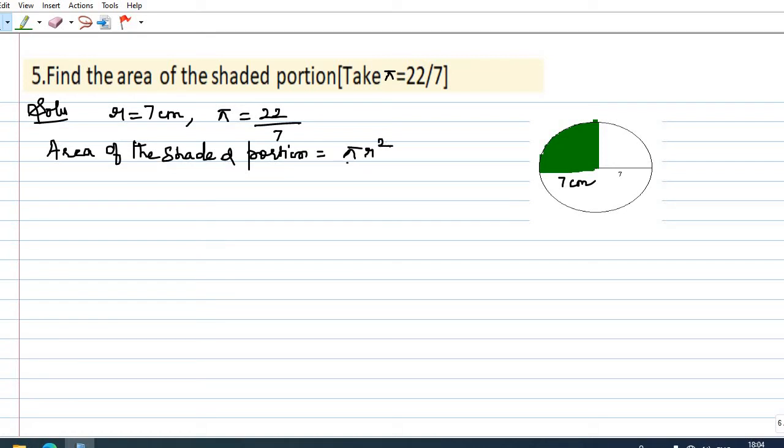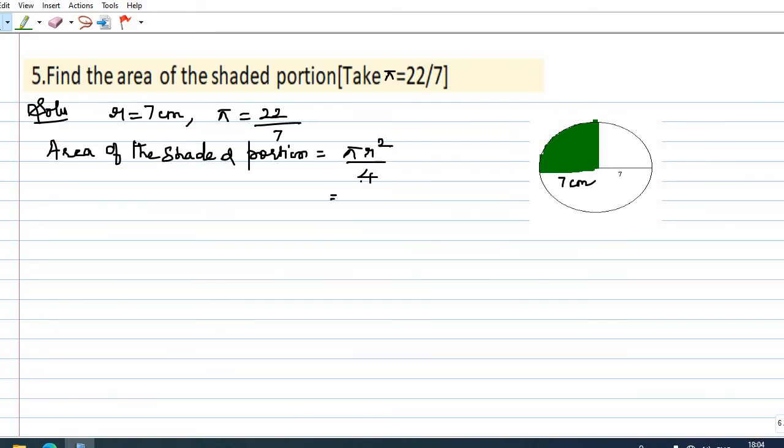Only 1/4 they are shaded, so I am going to divide this by 4. Got it? Suppose they shaded a semicircle, I can divide that by 2, but only the 1/4 they are shaded, so I have written here 4.